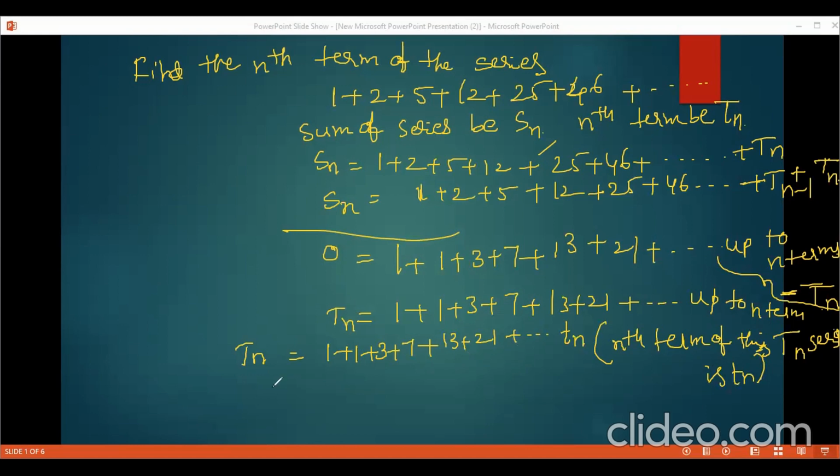Now capital Tn is equal to, how do we write? 1 plus 1 plus 3 plus 7 plus 13 plus so on, Tn minus 1 plus Tn. Okay. So now if you subtract these two, let me write that. I am erasing up to here.